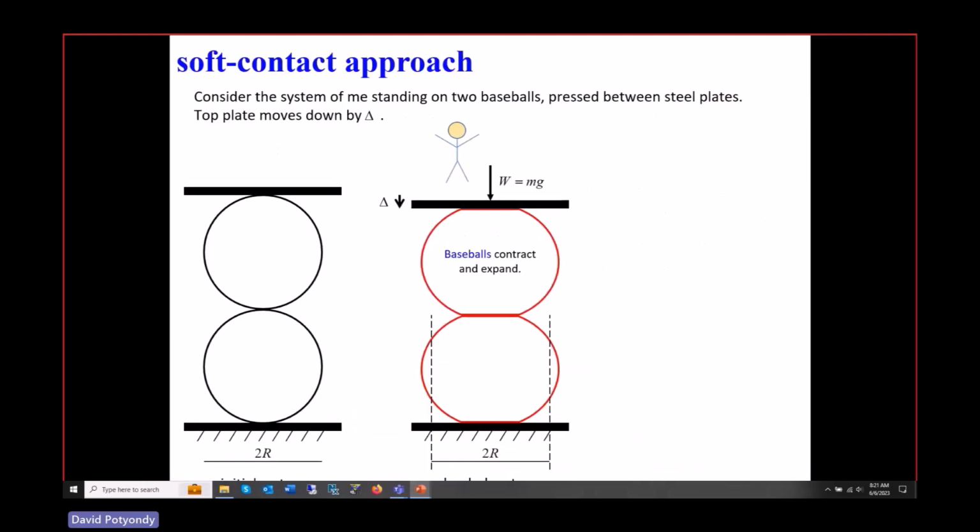And here's that example I talked about before. Take the baseballs. You've got the idea. Fix them, put them on the floor, put a plate on top, push down with W on the plate and measure delta.